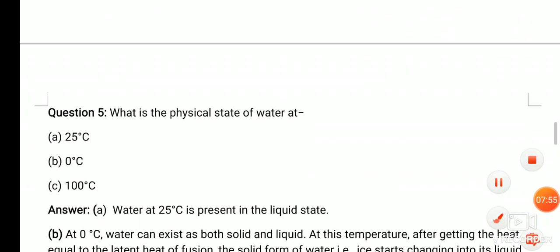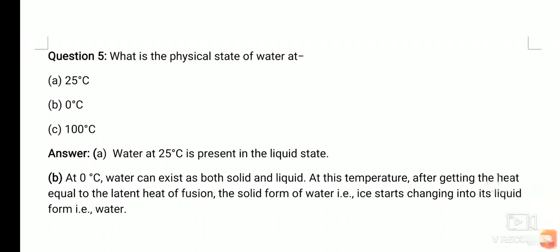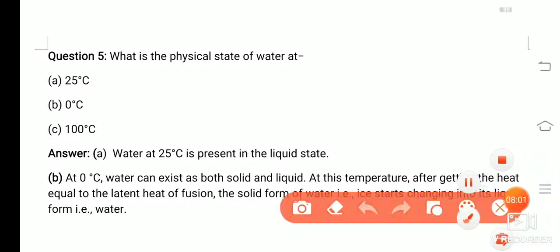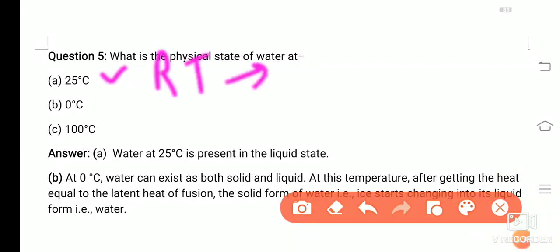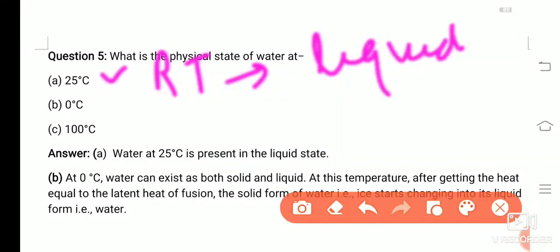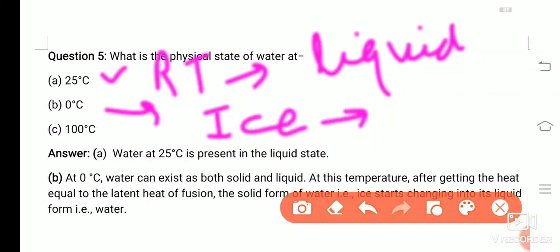Here the next question is, what is the physical state of water at 25 degrees Celsius? That means room temperature. At room temperature the water exists in liquid state. Clear? At 0 degrees Celsius the water exists in the form of ice, and the ice also melts, so liquid state also.